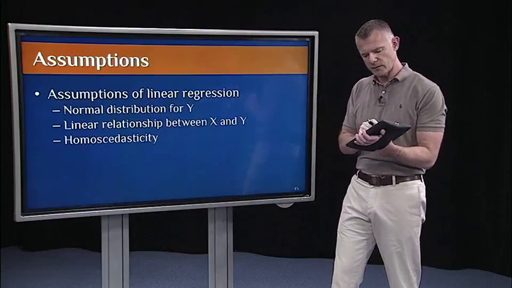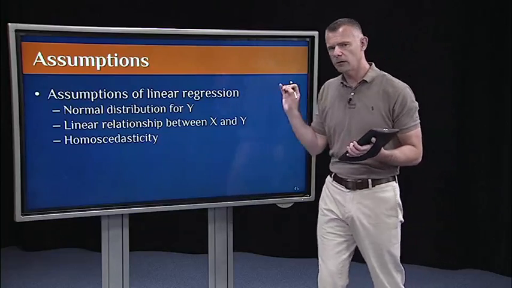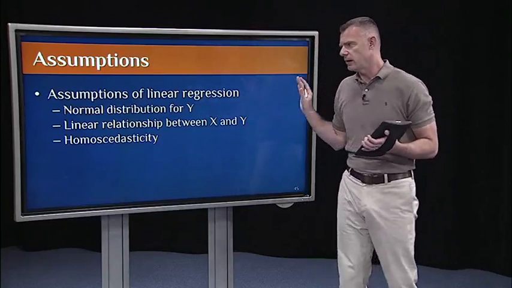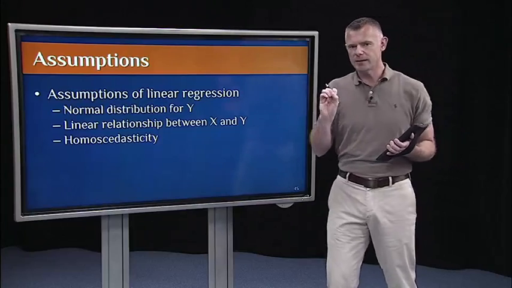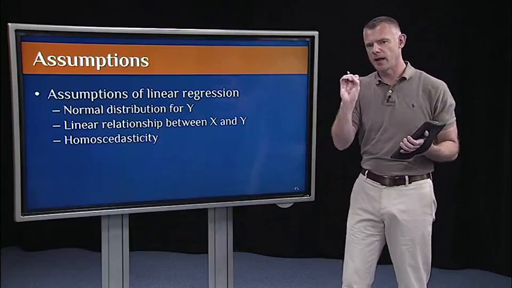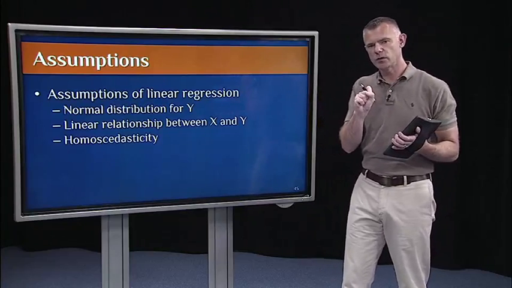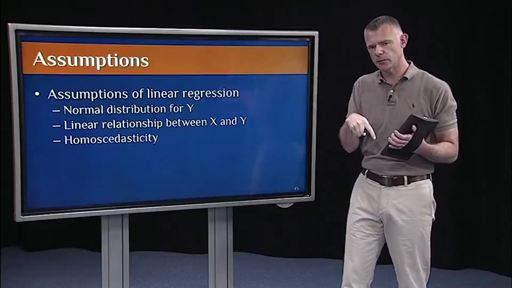So let me go back to these first three. Normal distribution in y, the linear relationship, and homoskedasticity. When we covered these in the context of correlation analysis, all we did was basically eyeball histograms and scatter plots. We looked at the histograms for normal distributions. We looked at the scatter plots for relatively linear relationships.